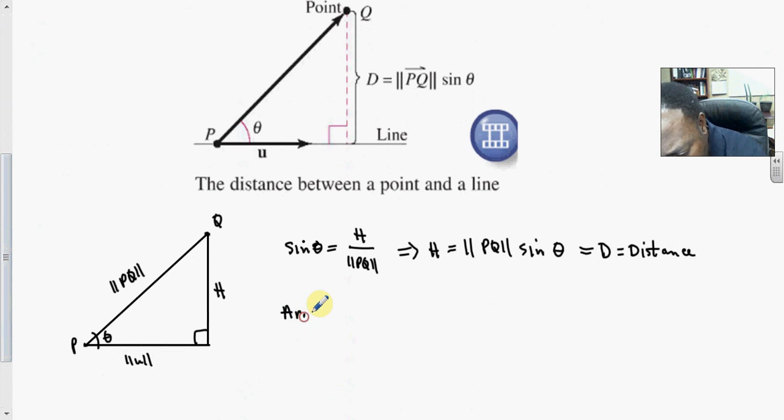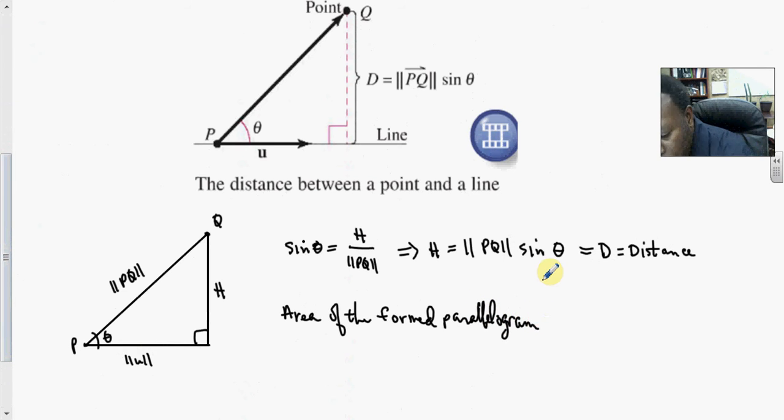So here, this comes out to be the norm of the cross product of PQ with U. So I want to use this in the formula for calculating the height.